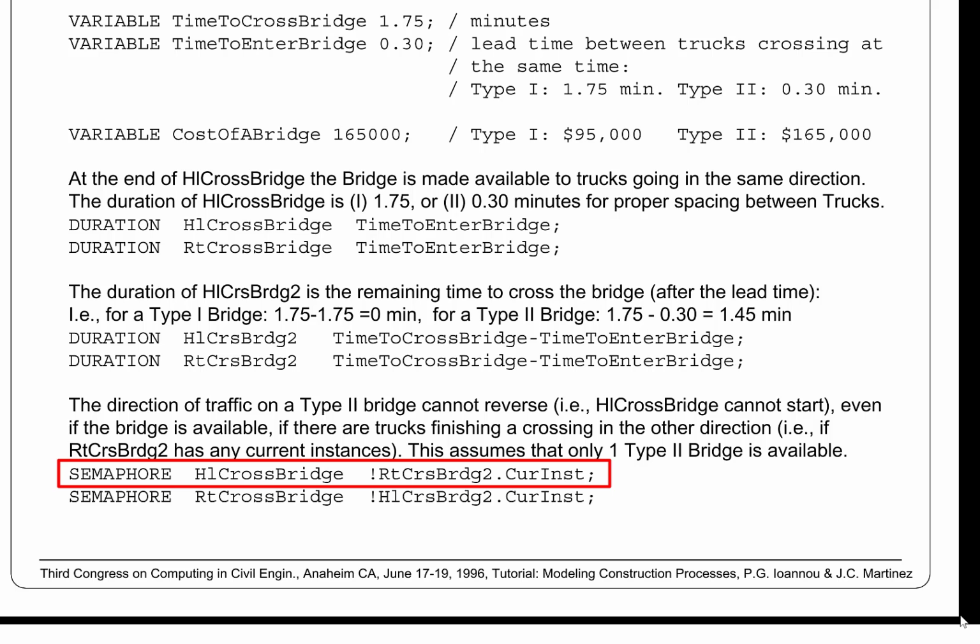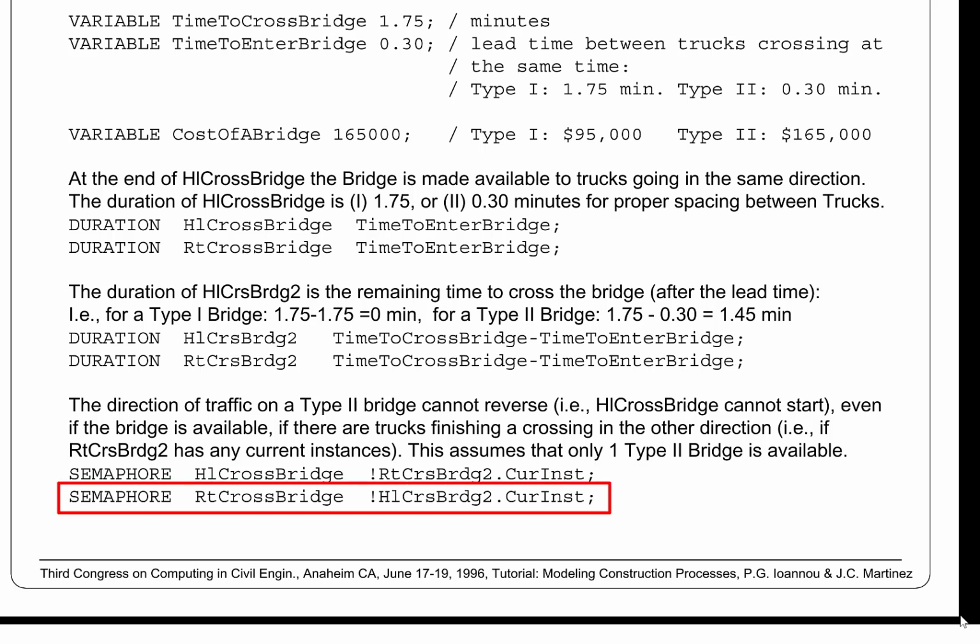If there are any trucks that are on the bridge in the returning direction, then the current instances of return cross bridge 2 will be 1 or more. In that case, a logical NOT of the number of current instances will give us the number 0, which is a logical false. Thus, the semaphore for whole cross bridge will be false, and whole cross bridge will not be able to create an instance.